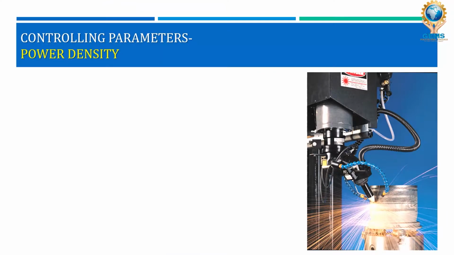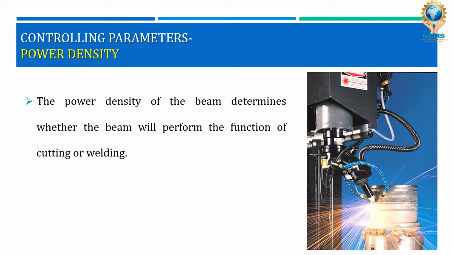Next comes the power density. The power density of the beam determines whether the beam will perform the function of cutting or welding. We need to know what type of application we are going to perform, whether the cutting operation or the welding operation.